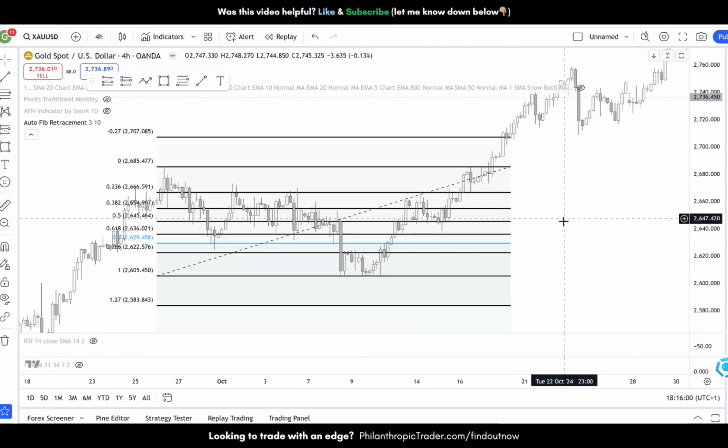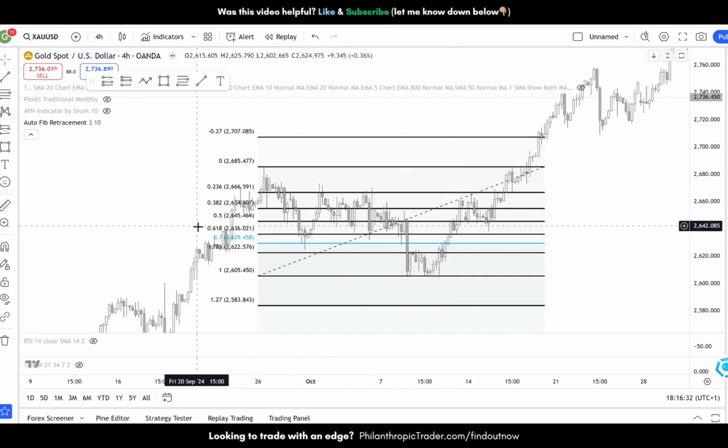But many people use it as a support and resistance indicator, so that when the market corrects and goes to the 50 level or the 0.618 level, and it respects that, from that moment, if you also see a bullish candle, you can easily take the buy trade, and then it goes to your desired take profit.